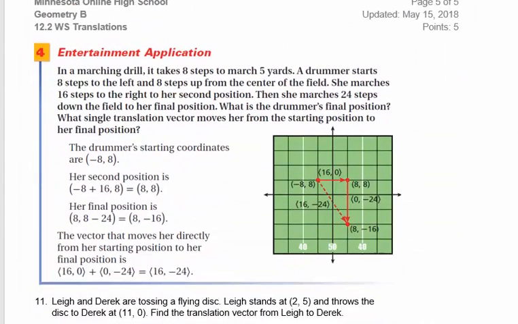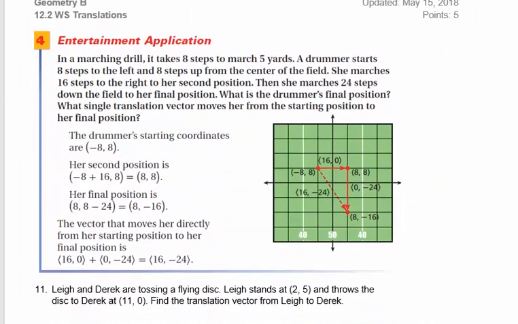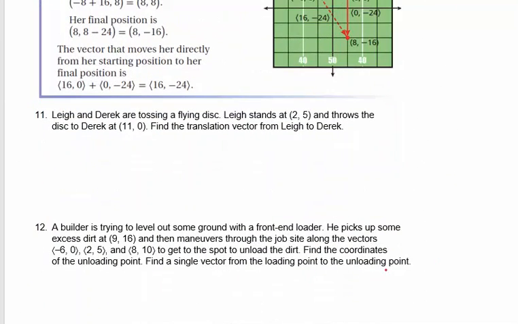There are 2 more questions on the worksheet after you draw the translations. There are some application problems. In the first one, Lee and Derek are tossing a flying disc, like a frisbee. Lee stands at the coordinate 2, 5 and throws the disc to Derek at 11, 0, and you have to find the translation vector from Lee to Derek. What's the horizontal component?